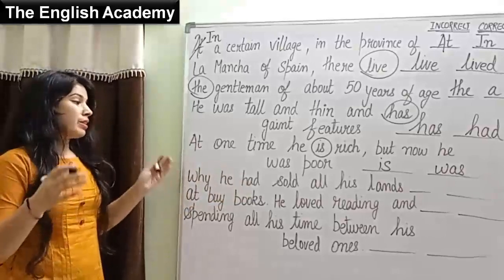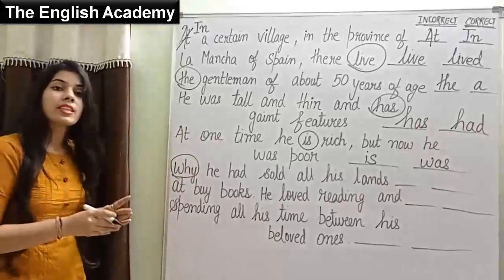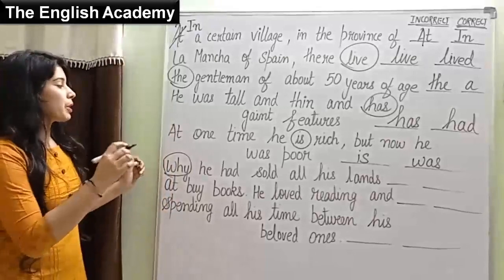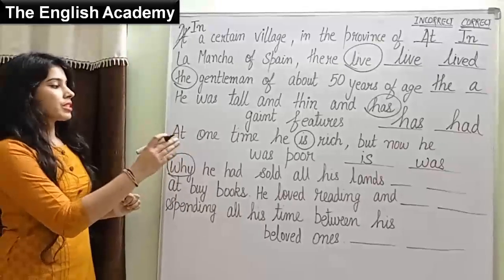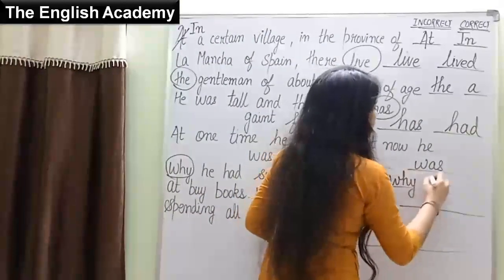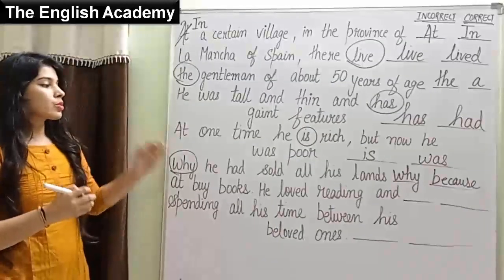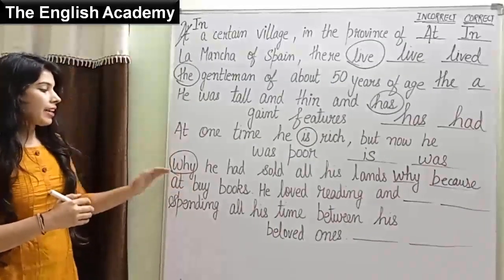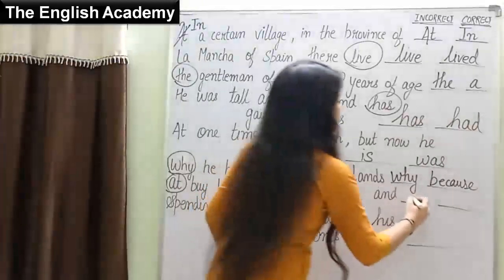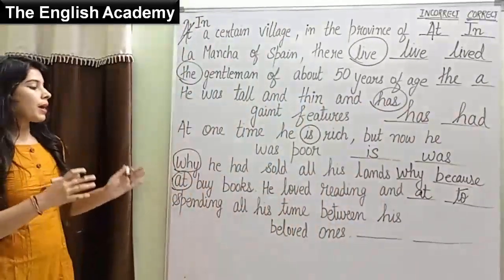Why he had sold all his lands. Why, maybe here we are specifying the reason. लेकिन why हम question के लिए use करते हैं. So we'll write because. At one time he was rich but now he was poor because he had sold all his lands. Why is not the correct word here. Because he had sold all his lands at buy books. To buy books, obviously. He sold all his lands to buy books.